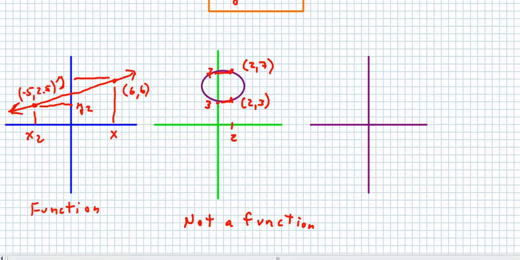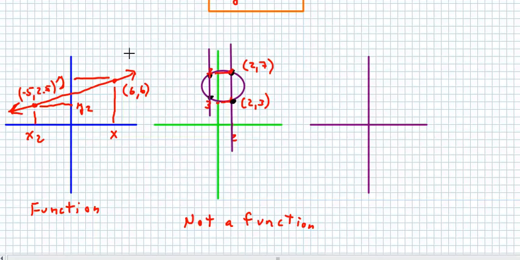Now, we have a very easy way to determine this. If I can draw a vertical line anywhere through my graph and hit 2 points, it's not a function. All right? No matter where it is, I draw it anywhere. Not a function. I hit my graph in 2 points.